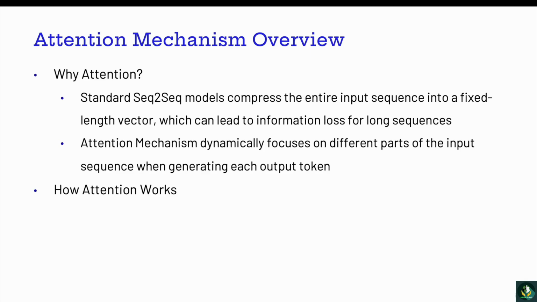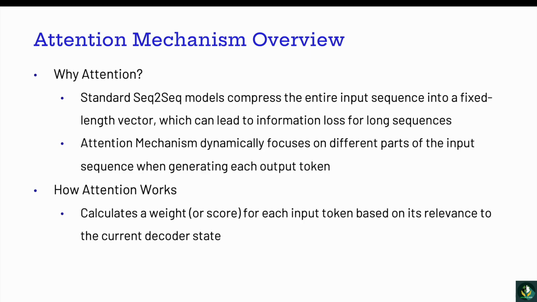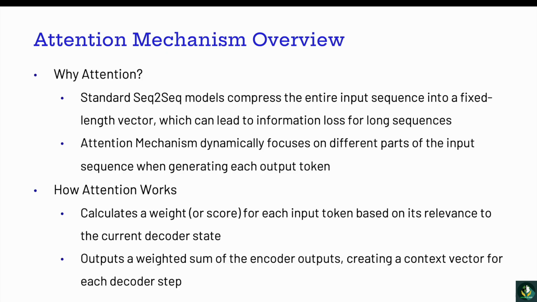Now, how does attention work? It calculates a weight or score for each input token based on its relevance to the current decoder state, and then outputs a weighted sum of the encoder outputs, creating a context vector for each decoder step.